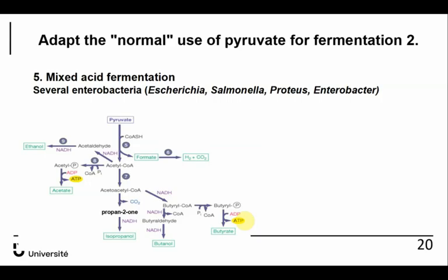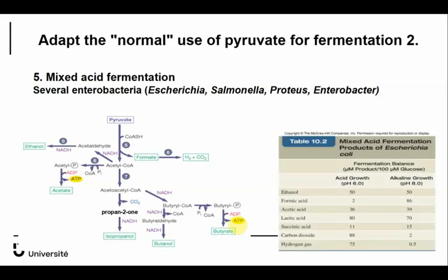There's always got to be a reason. And I think the reason here is that if you perform a mixed acid fermentation, then you can squeeze out 1 or 2 extra molecules of ATP from the process. That makes sense because the whole problem with fermentation is that it doesn't produce enough ATP compared to NADH. So if you can do something clever, then you can produce an extra bit of ATP.